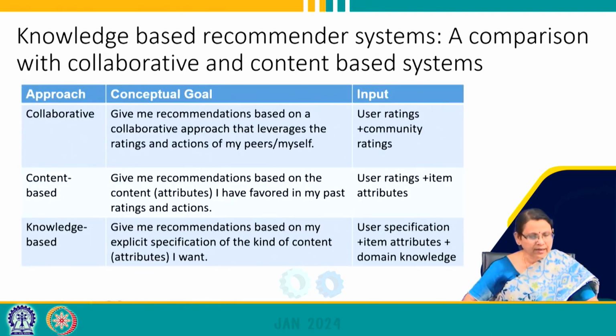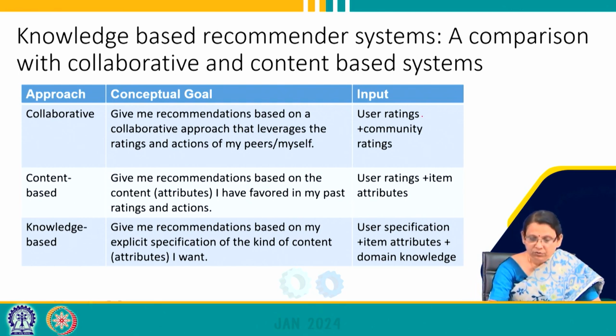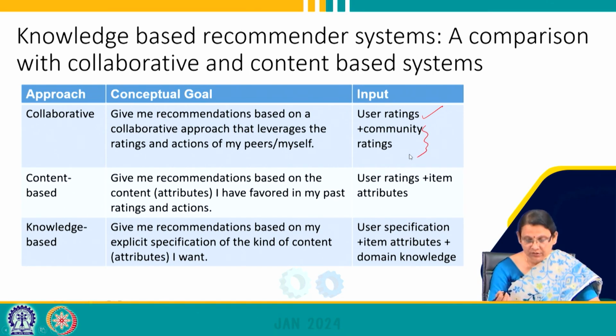So, if you compare this with collaborative and content based, which are the basic classical types of recommendation algorithm, in this case we are using user rating and the community rating. User rating in the sense of how the user is giving, and community means what the like-minded users, based on the user similarity, are giving.